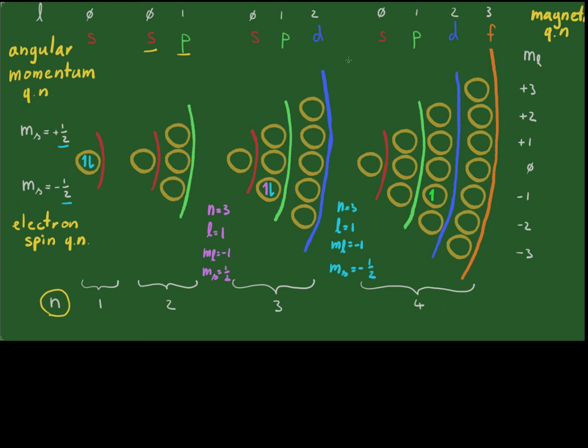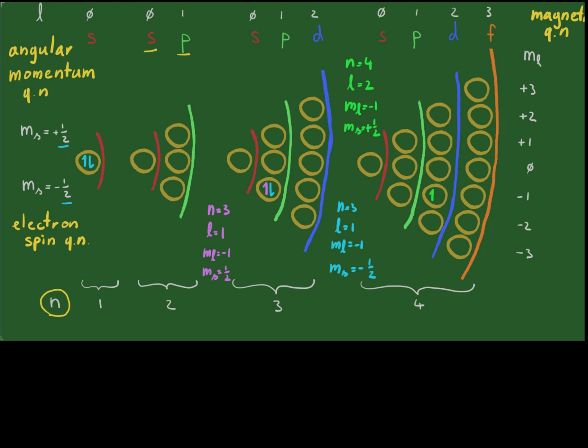Well, let's write it up here. N for this one is 4, L is 2 because it's in the D subshell, Ml is -1, and finally Ms is +½ because I have drawn it as spinning up.